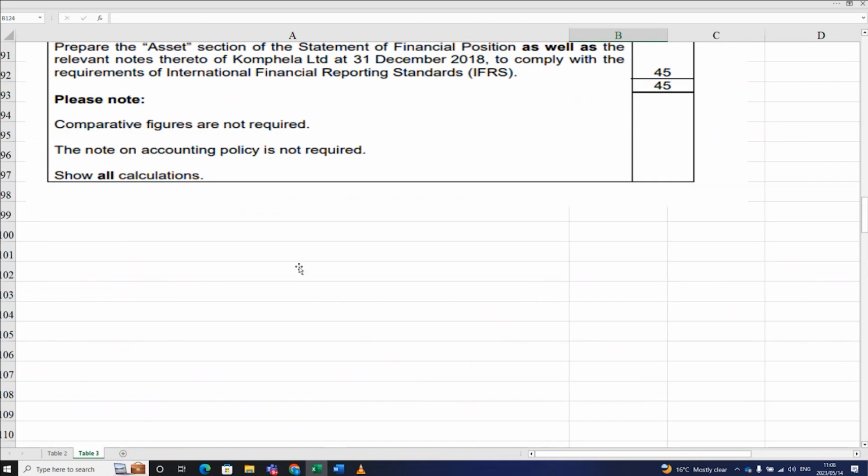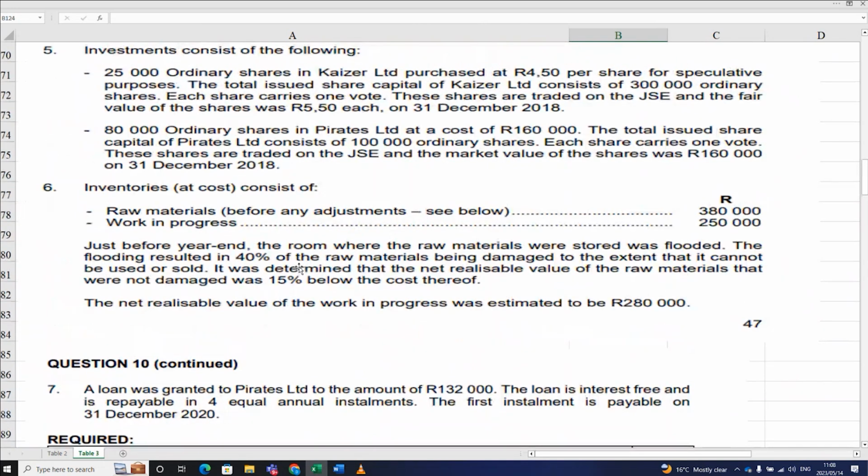Then we also saw the inventories. There's not a lot to it, just a couple of workings. We know that inventory is carried at the lower of cost and net realizable value.